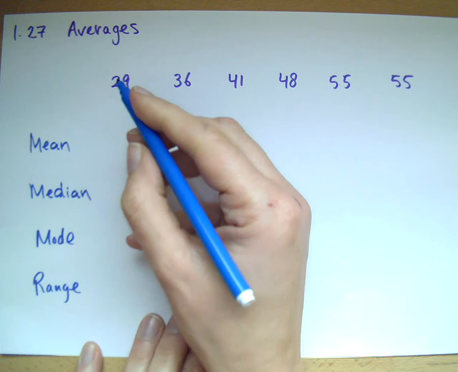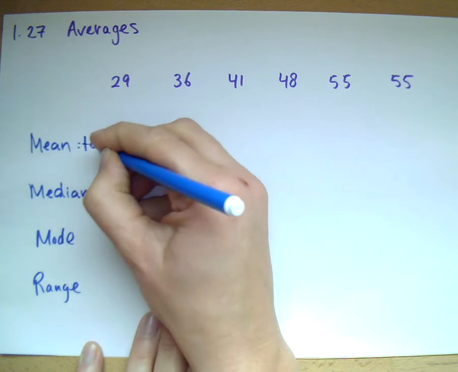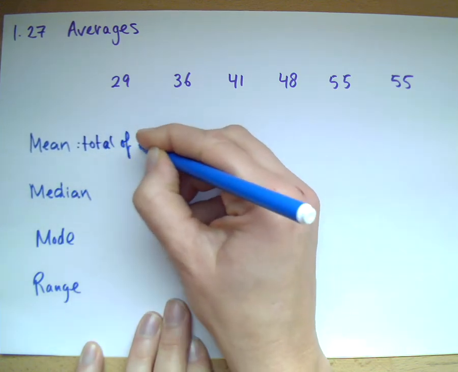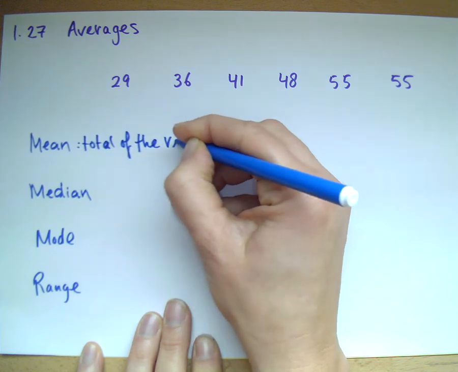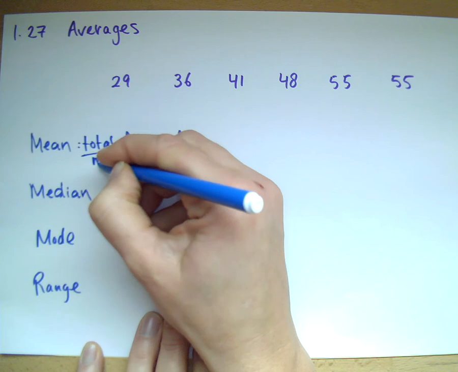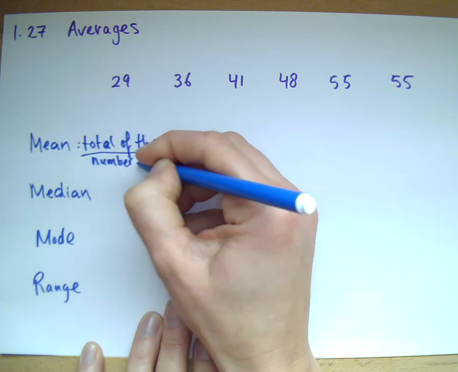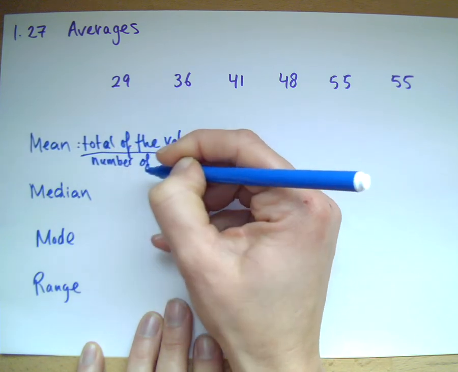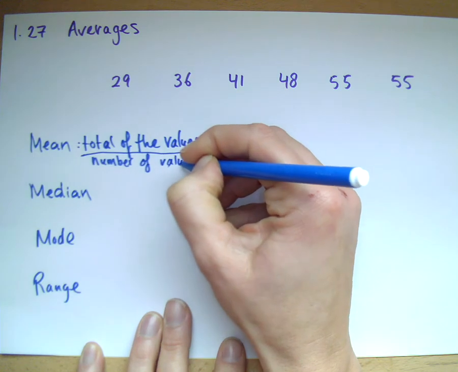To find the mean, it's the total of the values divided by the number of values.